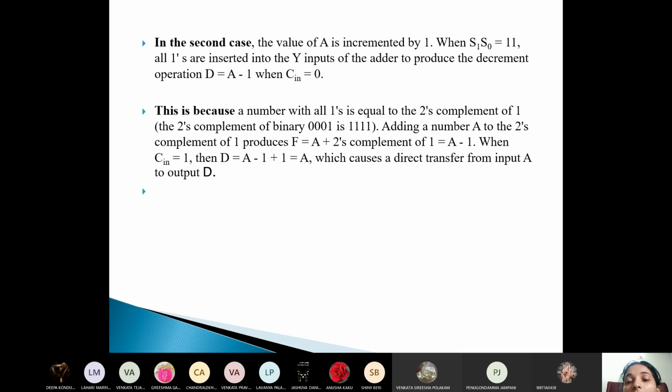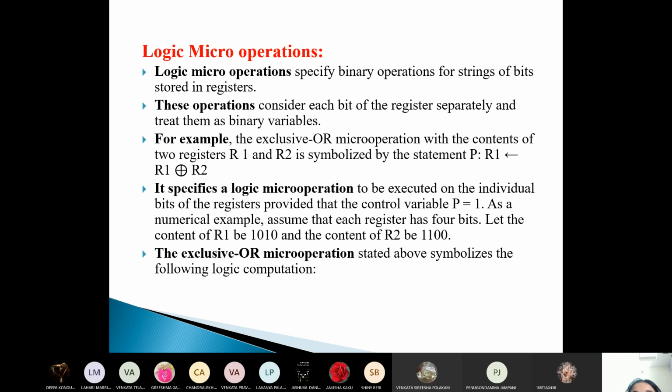Adding a number A to the 2's complement of 1 produces D is equal to A plus 2's complement of 1, which is equal to A minus 1. When C in is equal to 1, then D is equal to A minus 1 plus 1 is equal to A, which causes the direct transfer from input A to output D. So these are the two cases we have in the binary.